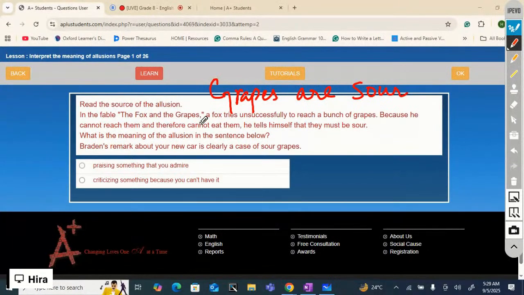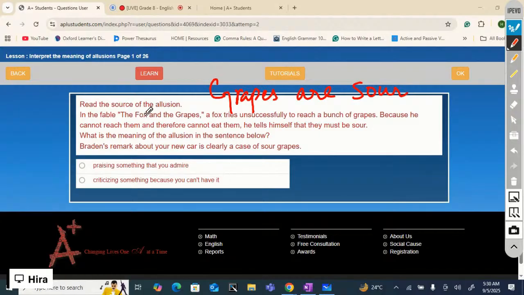So, what is the meaning of the allusion in the sentence below? This is the sentence. "Braden's remark about your new car is clearly a case of sour grapes." Praising something that you admire, or criticizing something because you cannot have it.